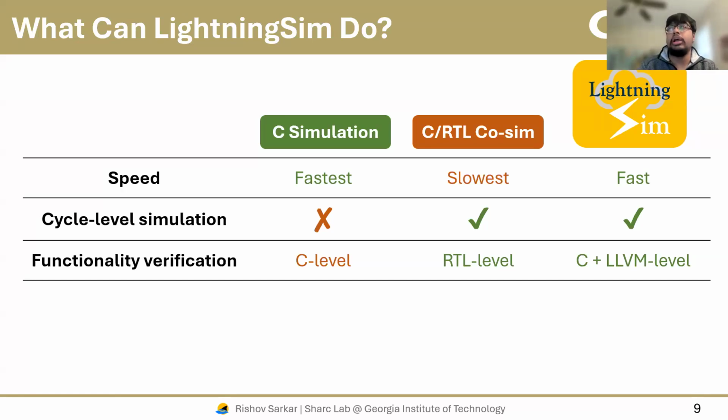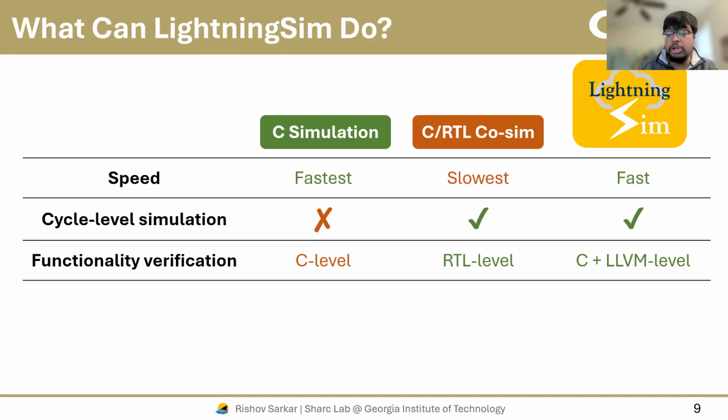And of course, it gives you cycle accurate estimates of the performance of your design, just like RTL co-simulation does. And it does deeper functionality verification than C simulation alone. The specifics there are not super important, but basically it can test everything almost up to the point where you actually have to generate the RTL.